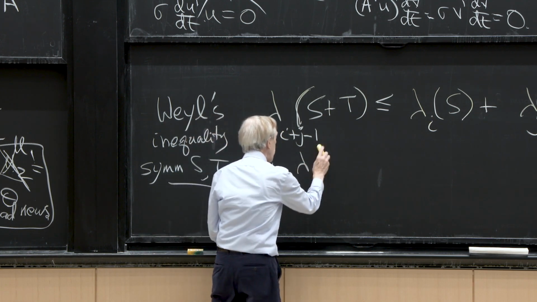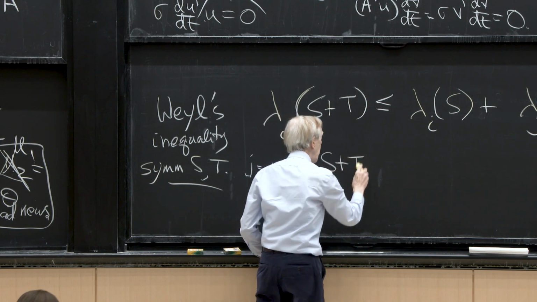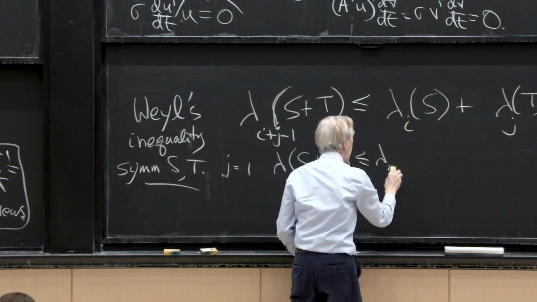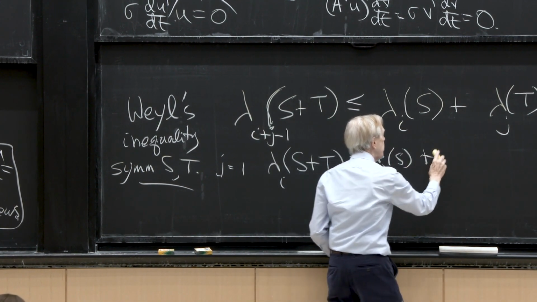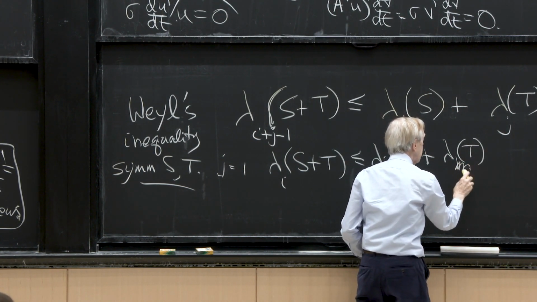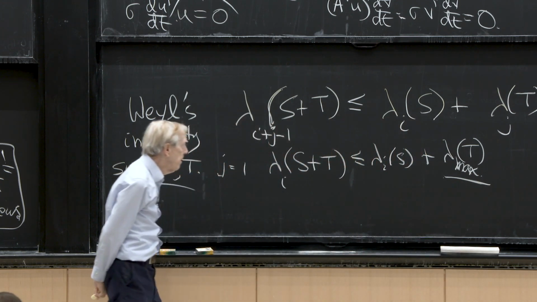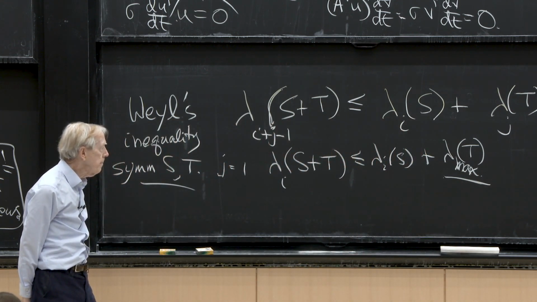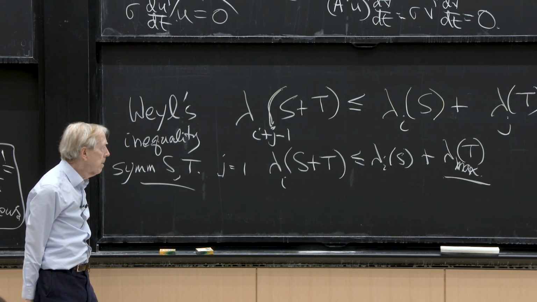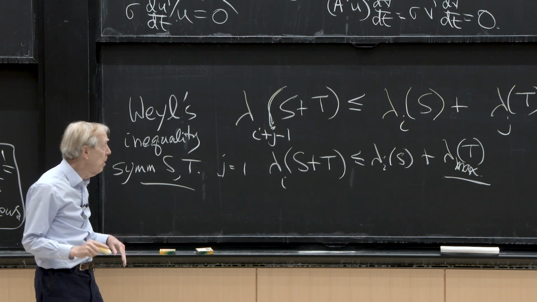Then this says that lambda i, because j is 1, of S plus T, is less or equal to lambda i of S plus lambda 1, the top eigenvalue of T. This is lambda max of T. Do you see that that's totally reasonable, believable?